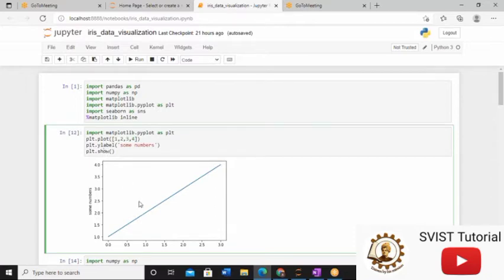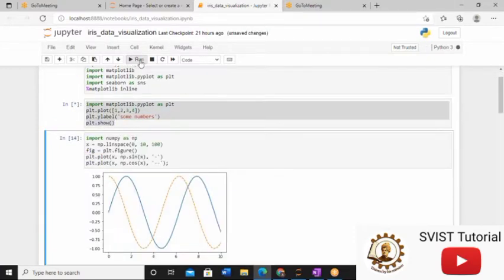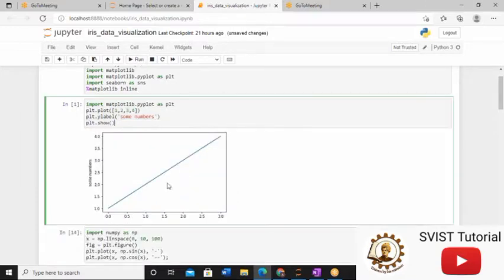If you want to write something along the x-axis, you can also include one line, plt.xlabel, and then write the label. If you execute this code, you will find the specific output like this. This is the output. Now here we have some more points.